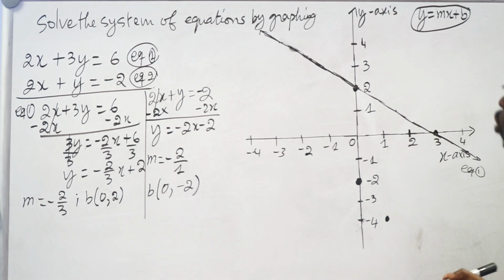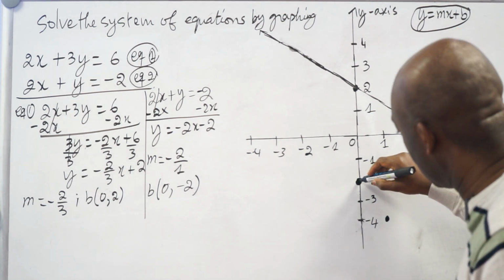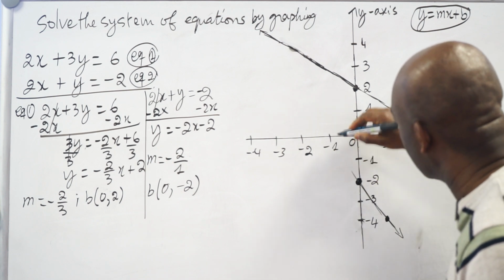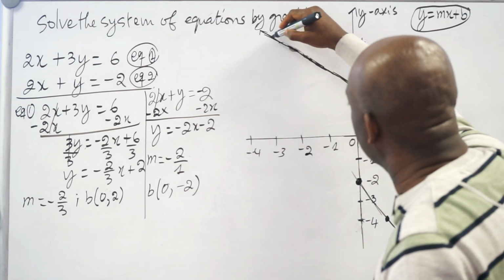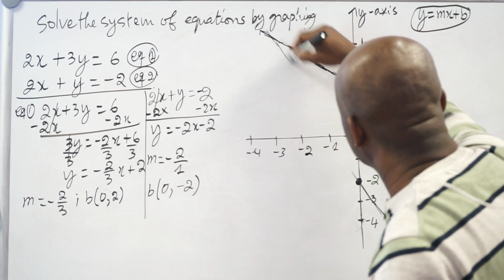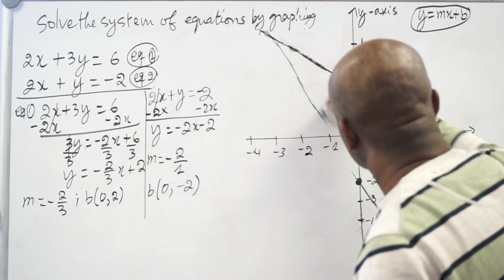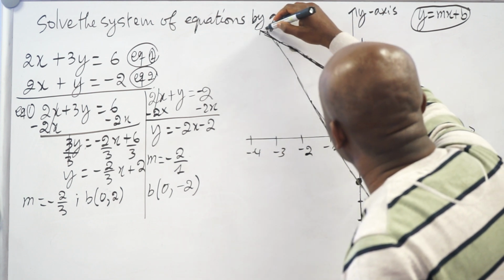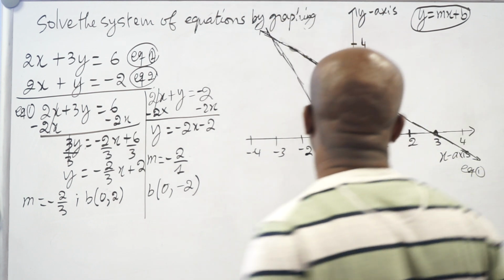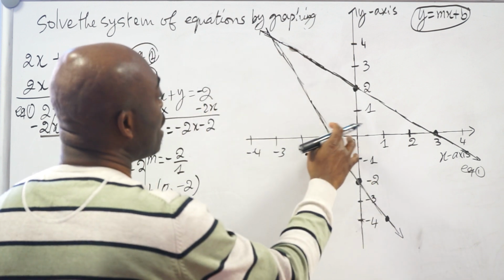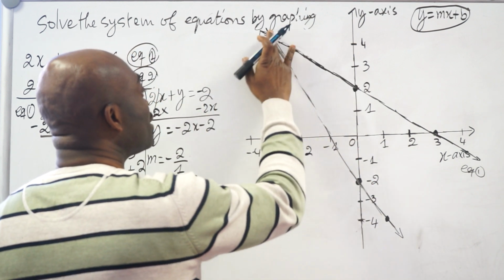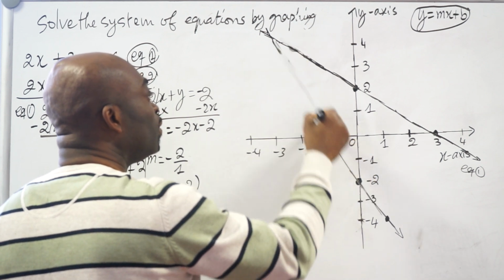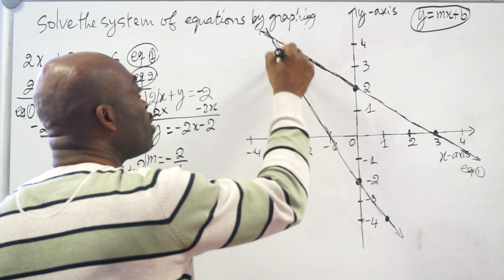All right? So now we can draw the second line, which is here. So that's the second one here. All right, so our second line, let's make it a little better down here, so that we are sure about what we're doing.